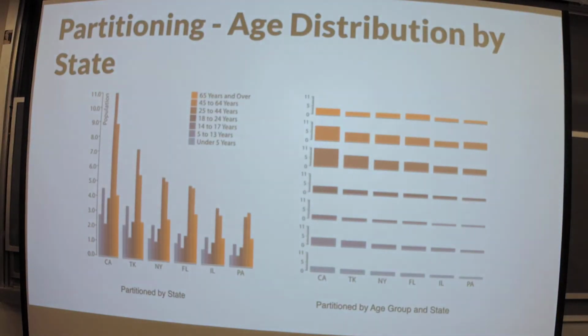Which of those two visualizations is better? So which one? That one, the left. Why? It does the grouping that makes it easier to compare within a state.